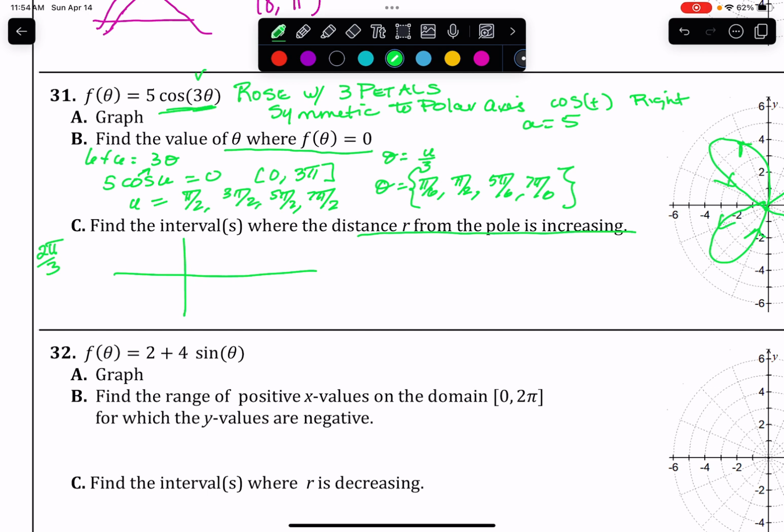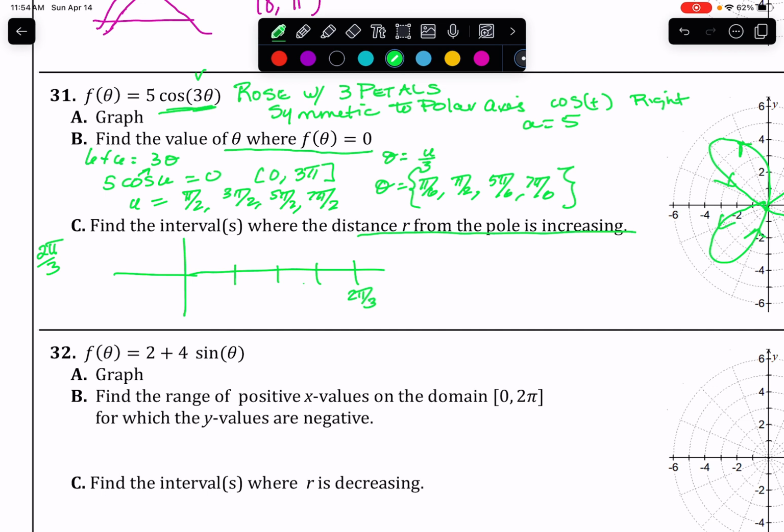So if I'm going to start at 0, then I'm going to go 1, 2, 3, 4, and maybe I should stretch that out a little bit more. 1, 2, 3, 4. So this would be 2 pi over 3, right?